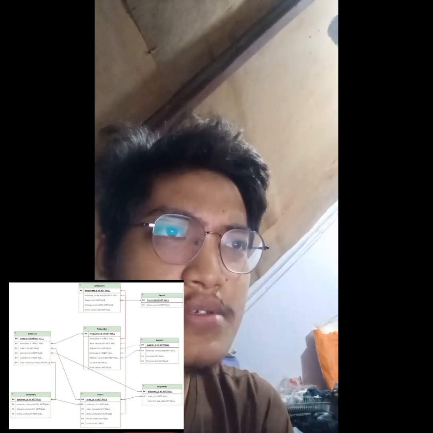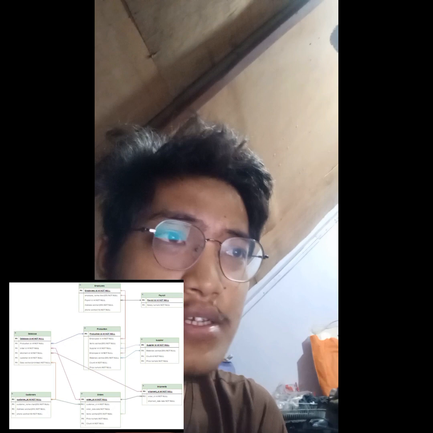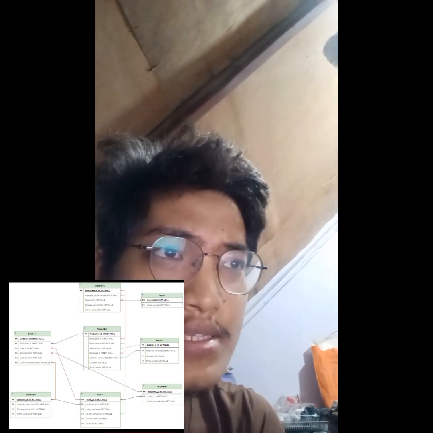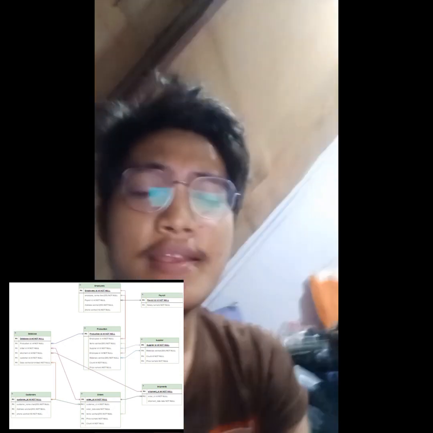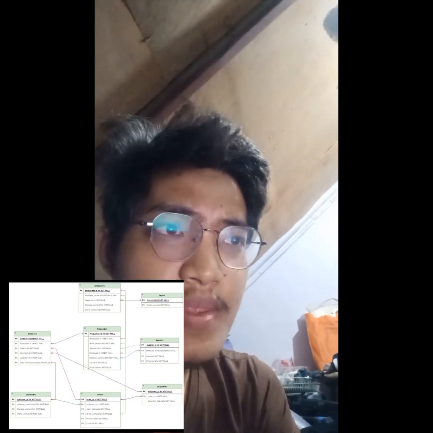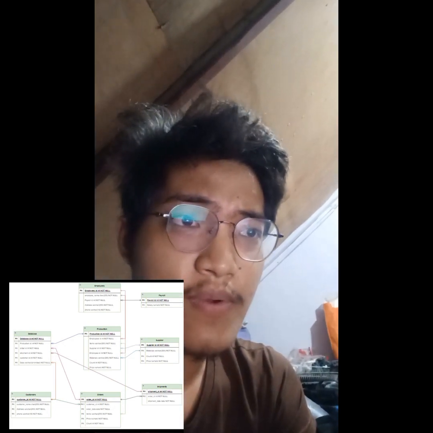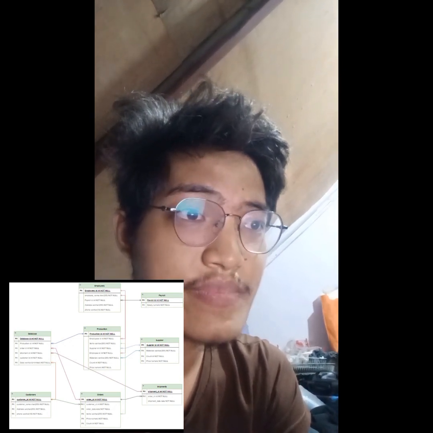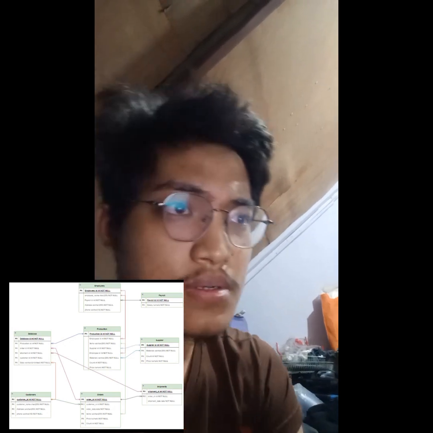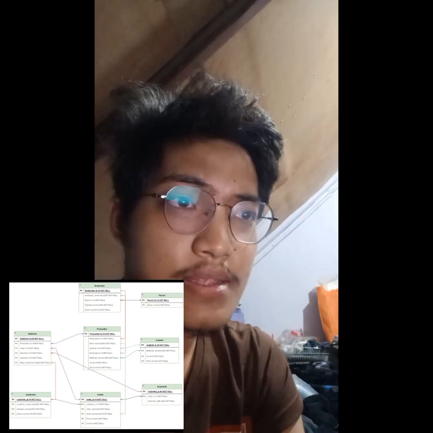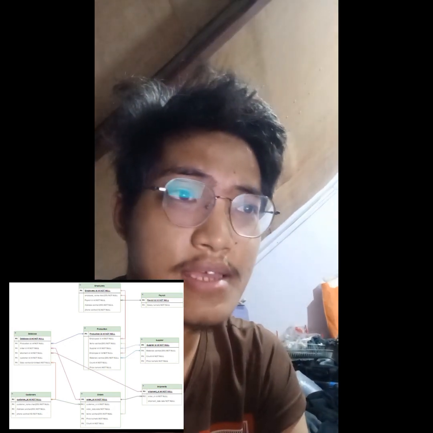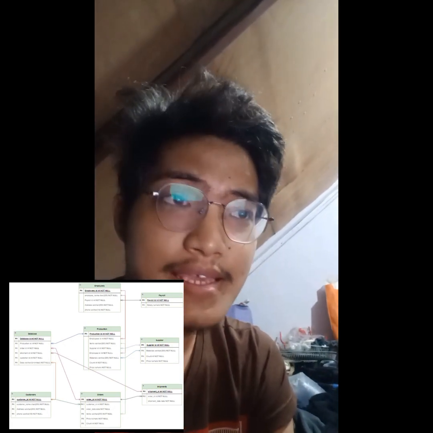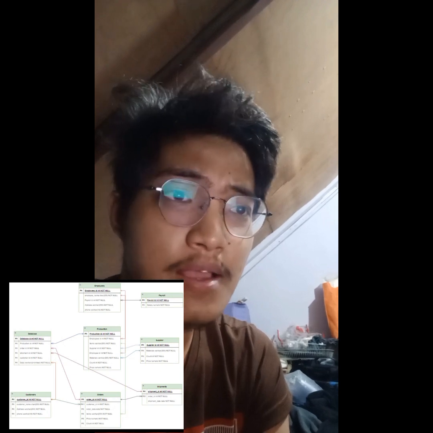And the next one is that employees have a connection to the entity payroll, as they receive their salaries after their work. And also the orders are connected to the entity shipment, as they ship the item that is being ordered.